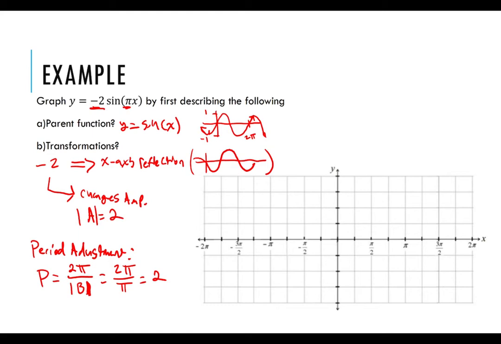Now, because I'm plotting this by hand, I'm going to play a trick to find the best points to get. When I'm thinking about points, I'm thinking about the high points that will come out of the graph. So remember that you have peaks, you have troughs, and you have x-intercepts. For sine and cosine, these peaks and troughs occur at nice little intervals.